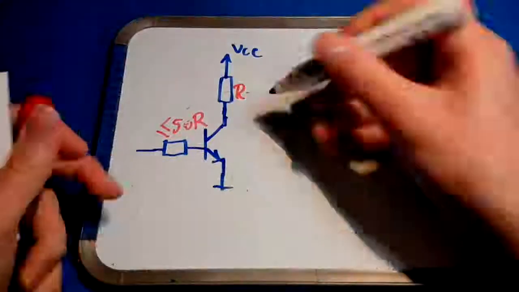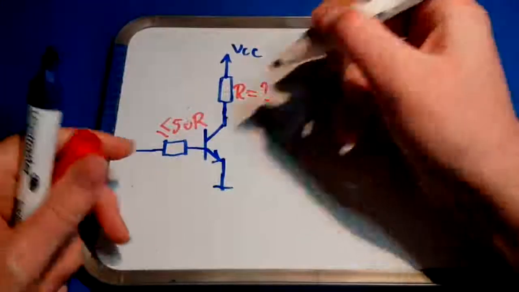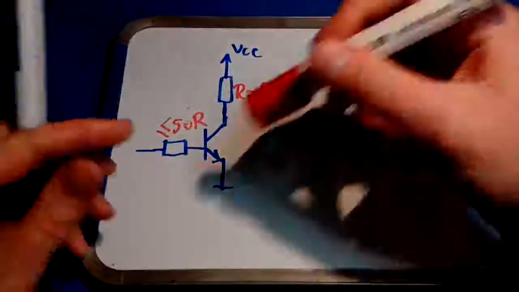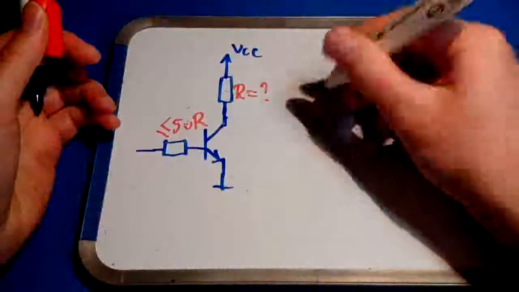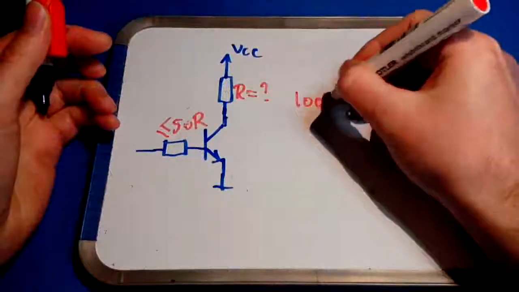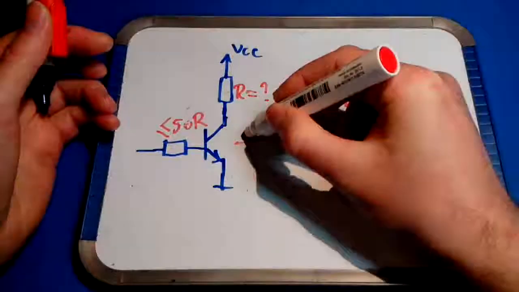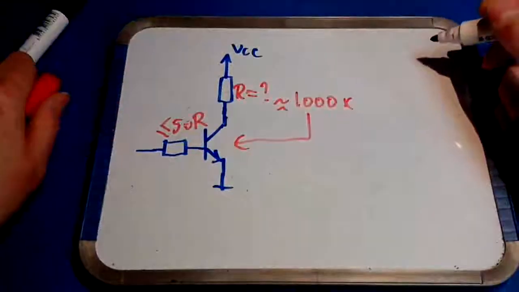Let's look at the other value, the value of the other resistor, what that should be. At the start of the project an assumption was made that approximately 1000 transistors would be used as part of the CPU.